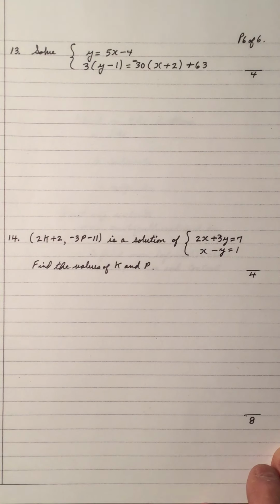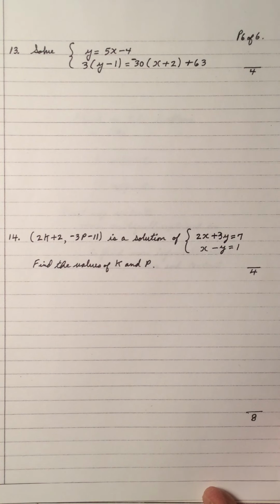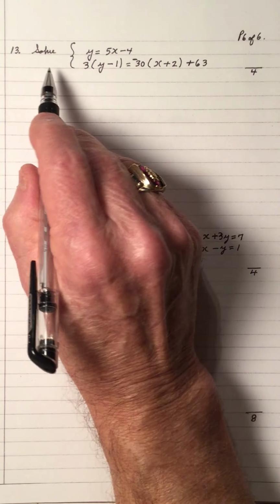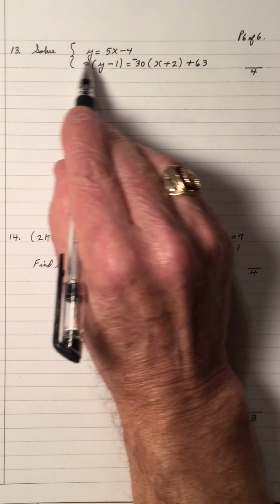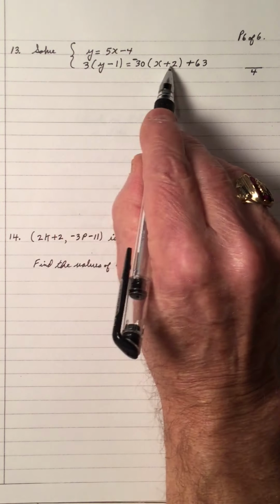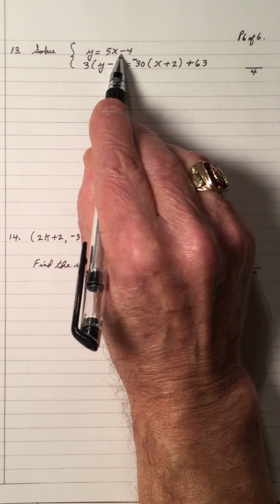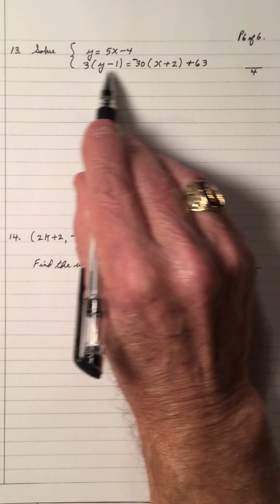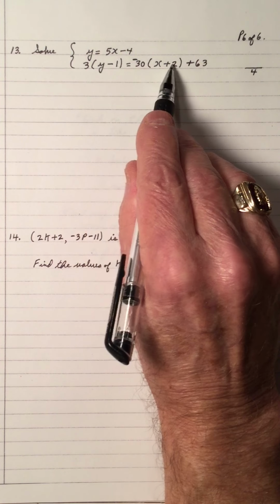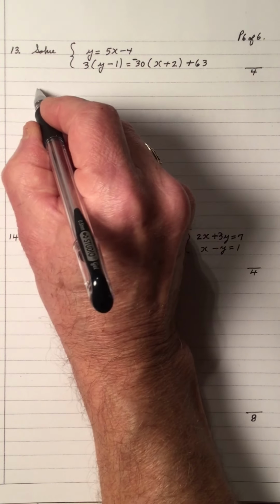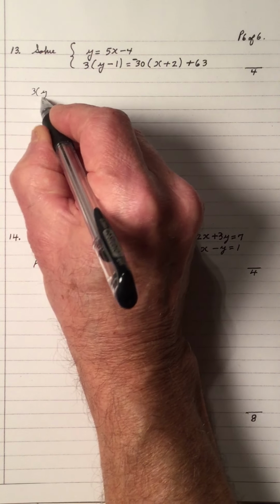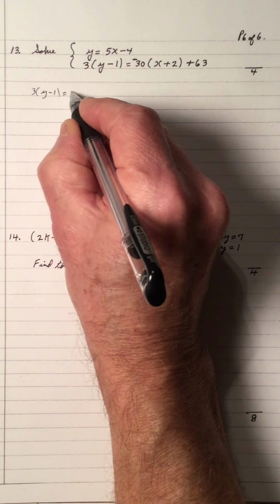Let's continue. And we have number 13, solve. Again, we have to solve this one. And what we can do, this equation is already solved for y. I have a lot of terms here. I should take this equation and simplify it.